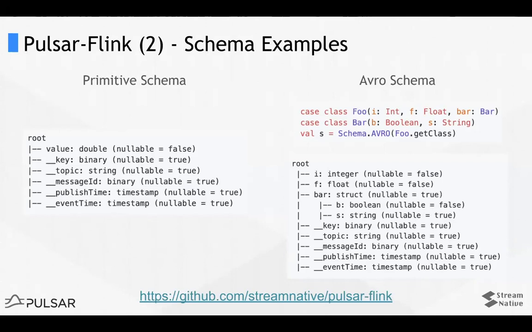In this way, we flatten out all the fields in the Avro struct, and you can access individual fields in the Flink row. That is how we map Pulsar messages with schema into a Flink row.